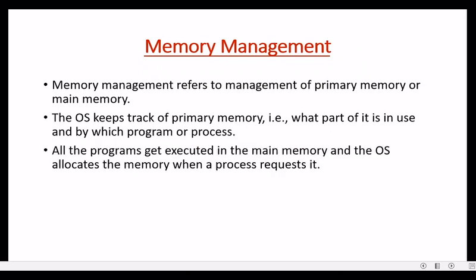All the programs in the computer get executed in the main memory, and the operating system allocates the memory when a process is requested. What does it mean? All the processes get executed in the main memory, either your Paintbrush, MS Word, Notepad, or Photoshop.